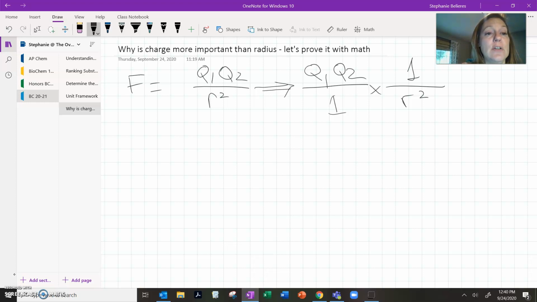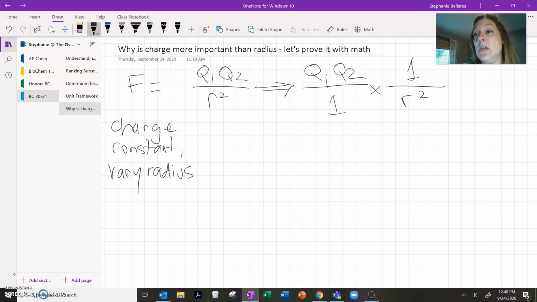So first, I'm going to keep charge constant and vary the radius. I basically just make up numbers, on the order of what you would see in an actual substance.